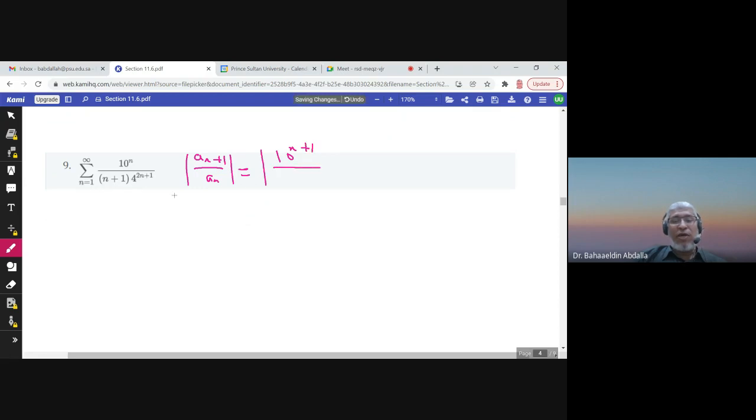If I replace n by n plus 1, I'll have n plus 2 here, and this is multiplied by 4 to the power 2 times (n plus 1) plus 1, multiplied by (n plus 1) times 4 to the power 2n plus 1 over 10 to the power n.